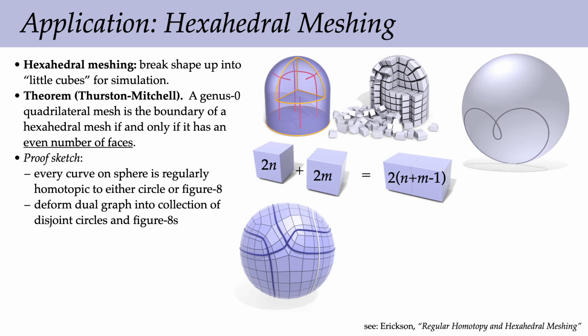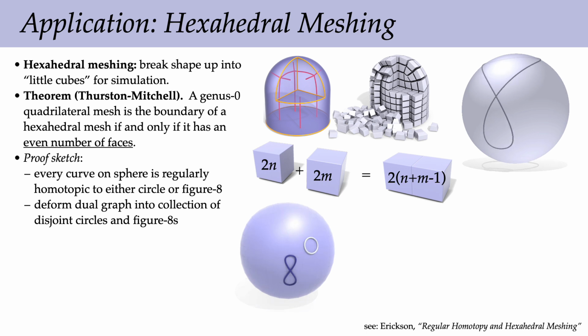That gives me a collection of curves on the surface, and by this spherical Whitney-Graustein theorem that we just talked about, I know that I can always regularly deform these curves into small figure 8s and small circles that are actually disjoint. I could just make them small enough so I can move them apart. Okay, so that's kind of neat.